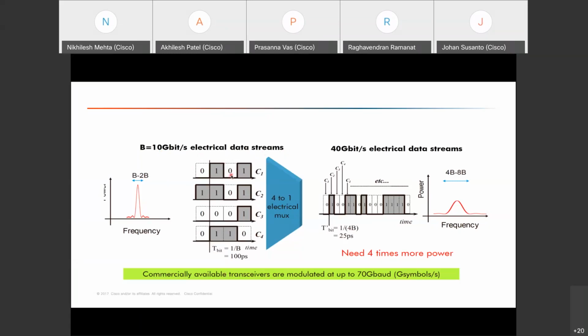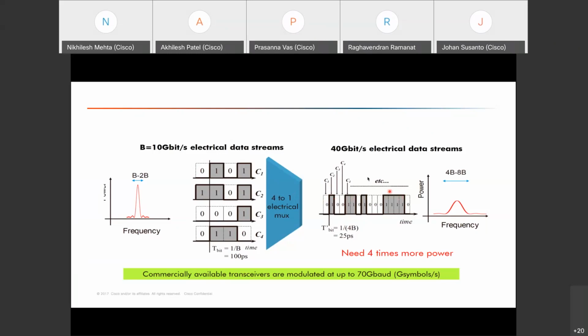If we want to multiplex this in the time domain, then we will take a single bit from each data stream and then send it. So after the multiplexer, you have C1, C2, C3, C4, a single bit from all the data streams, then again the second bit of C1, C2, C3, C4, and so on.